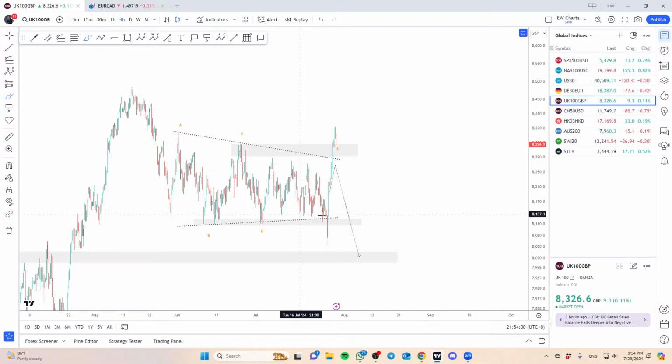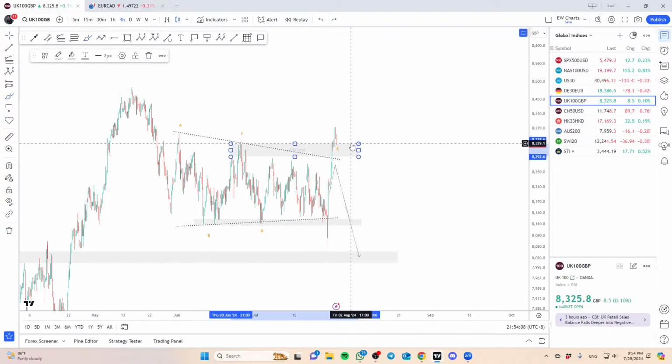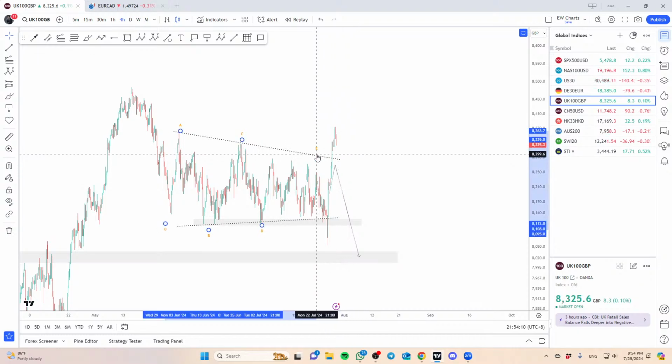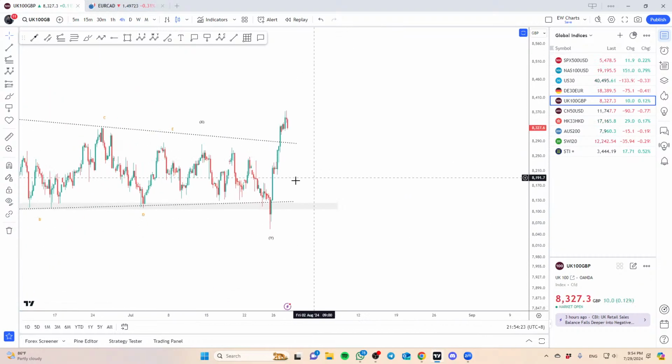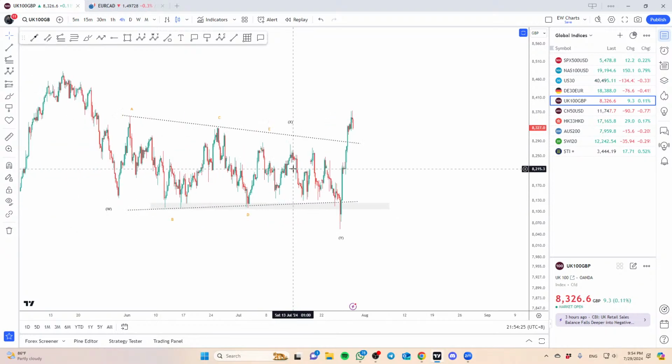FTSE kind of did a break here and then bounced up very impulsively. So how I'm going to look at this here and kind of readjust this analysis is that I'll take it from this angle here. So that move to the downside kind of made it with this impulsive break and then bounce.